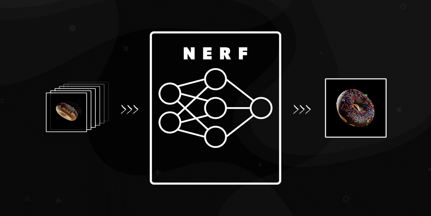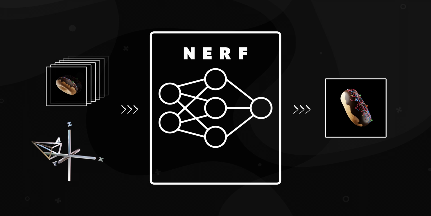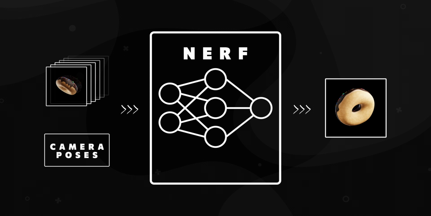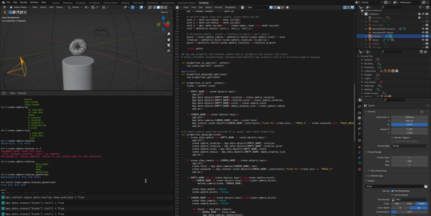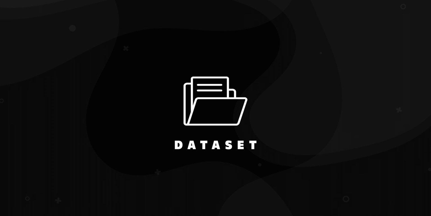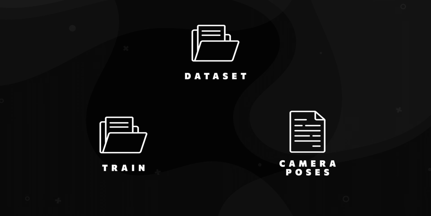For this, the model needs images of course, but also the camera focal length alongside its position and orientation, or for short, the camera poses. In Blender, extracting this camera information can be quite challenging, and that is exactly what the plugin is for. A NeRF dataset therefore consists of at least 2 things: a set of training images and the corresponding camera poses for each individual image.